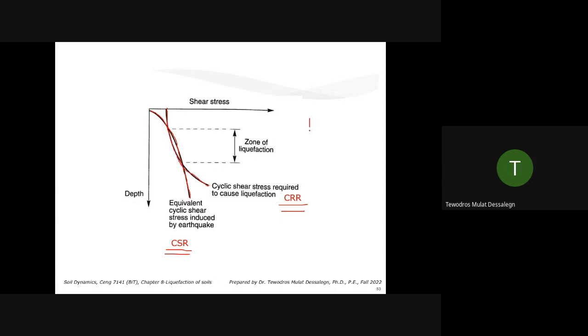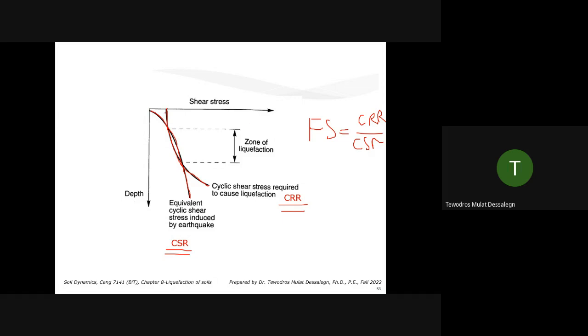But the factor of safety, how do we define it? It's CRR by CSR, cyclic resistance ratio by cyclic stress ratio, or capacity versus demand. Now see this chart. This is a pretty common chart.